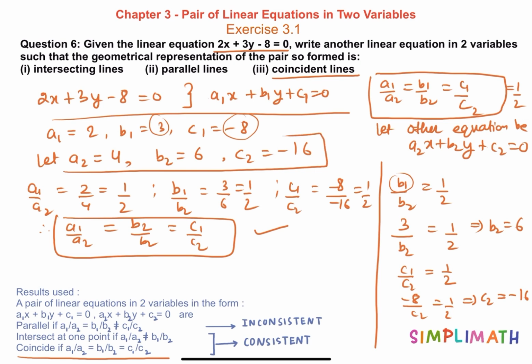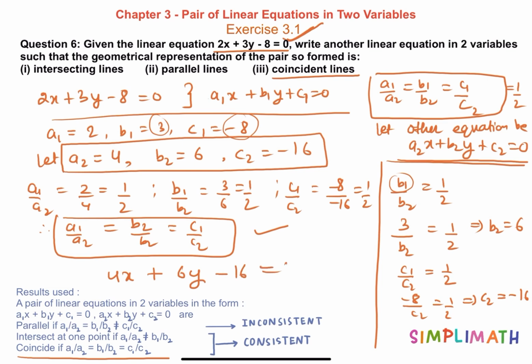Now, if we put the values of a2, b2 and c2 into this equation, we get the desired linear equation which is coincident to this line, right? So the desired linear equation is 4x plus 6y minus 16 equal to 0. So this is the linear equation that we need, which is coincident to the given linear equation.